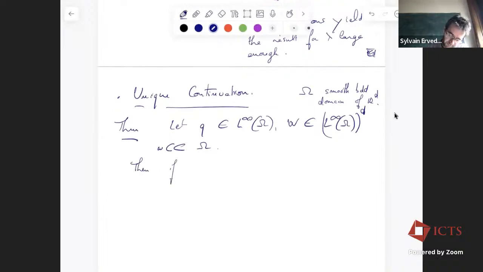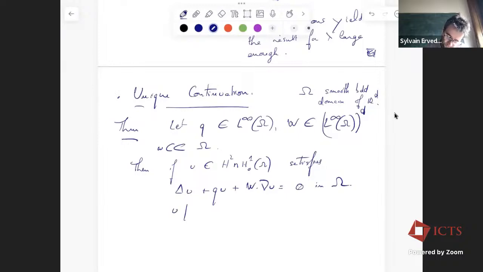Then if u in H2 intersected H10 satisfies Laplacian u plus Qu plus W gradient of u equal to 0 in omega.